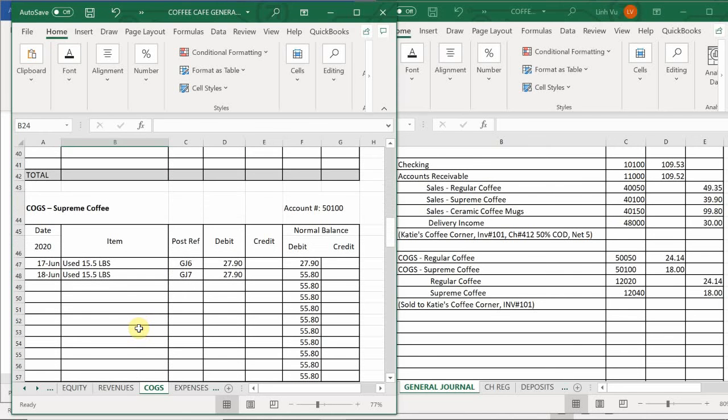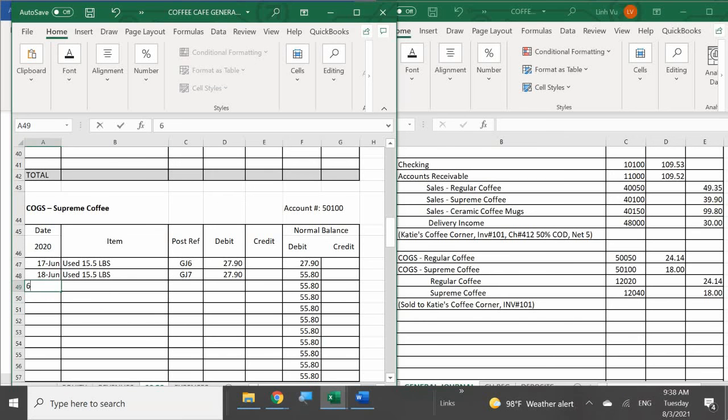Right underneath that is my cost of goods sold for my Supreme coffee. We sold 15 pounds.